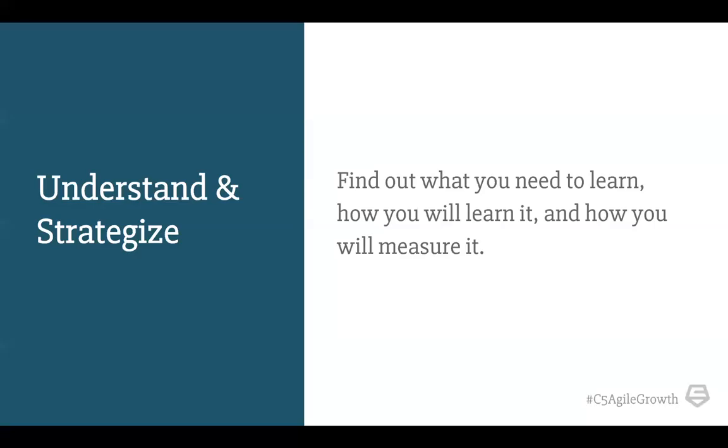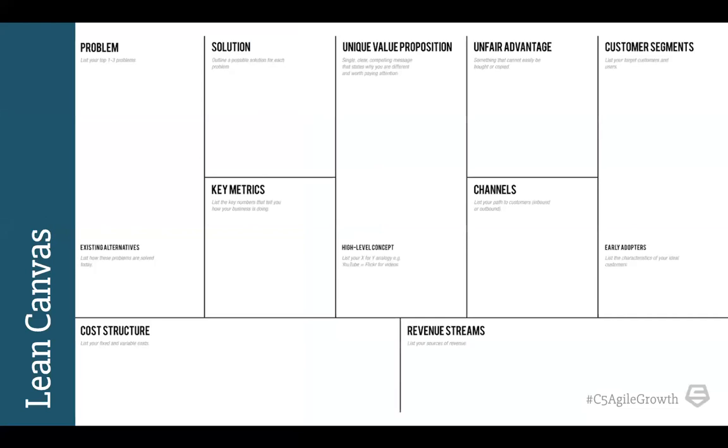So phase one, I call understand and strategize. You're going to want to find out what you need to learn, how you're going to learn it, and how you're going to measure the success of what you've learned and synthesize your learnings. We find one really great way to do that, especially for companies that are just starting out, is to use the lean canvas, which is a very similar concept to a business model canvas, with a couple key differences.